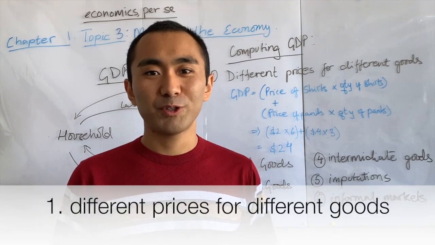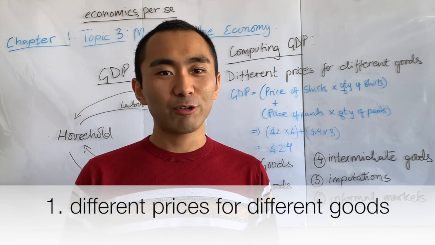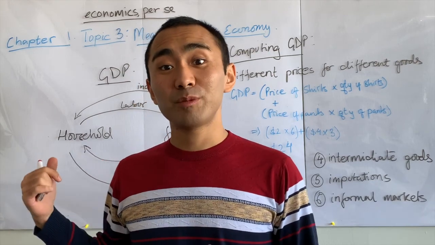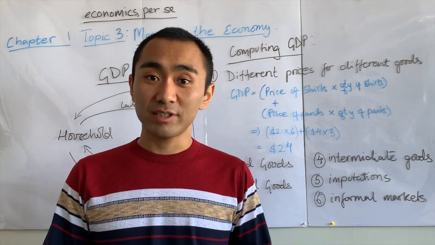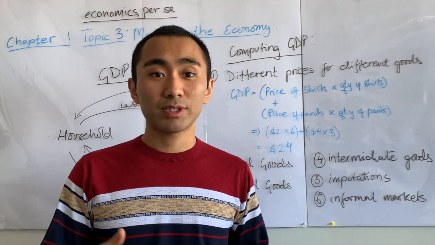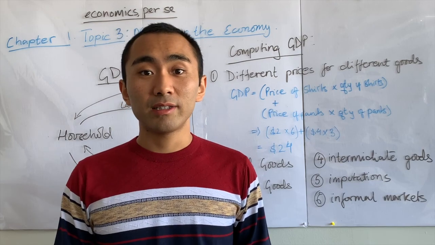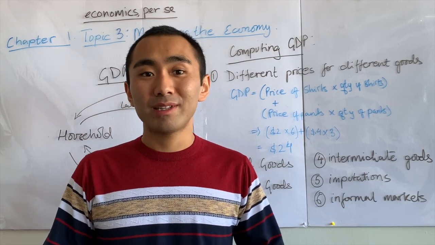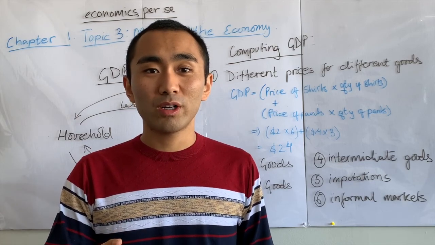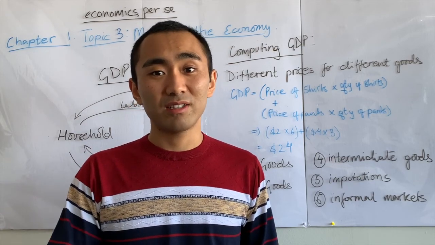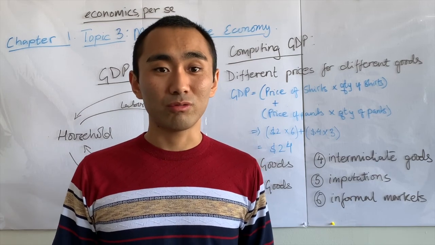Okay, so now let's discuss the rules of computing GDP. Firstly, the economy produces many different goods. In our diagram before, we looked at an economy producing clothes, but the prices of shirts and pants are different. Say we produced 6 shirts and 3 pants, and we could simply add them and say the GDP equals 9 garments. However, this would only work if we considered pants and shirts to be the same, which I hope you don't think is true.